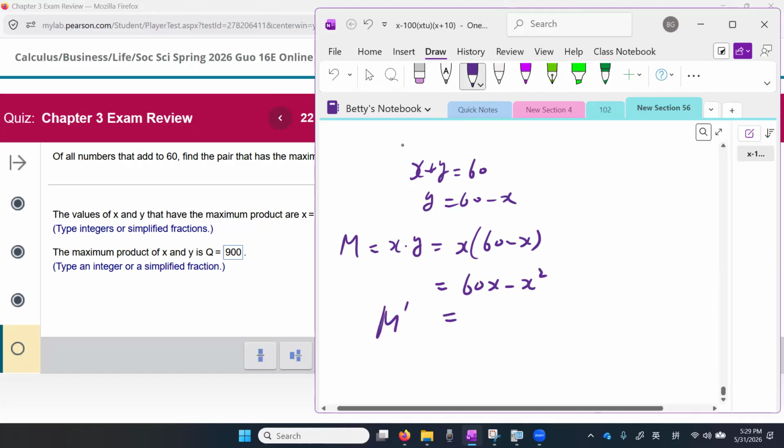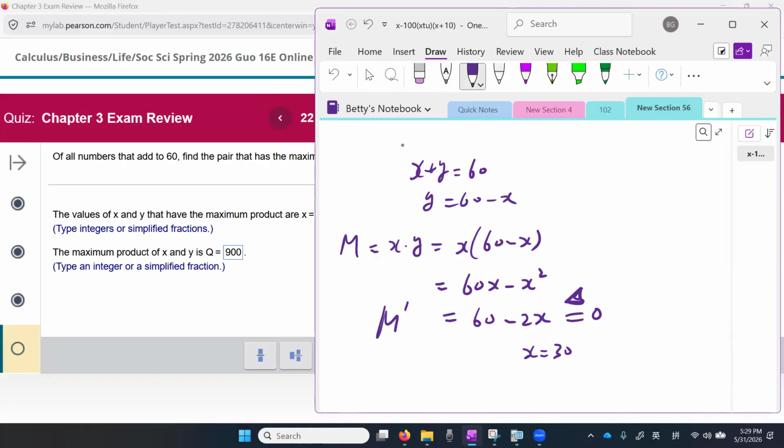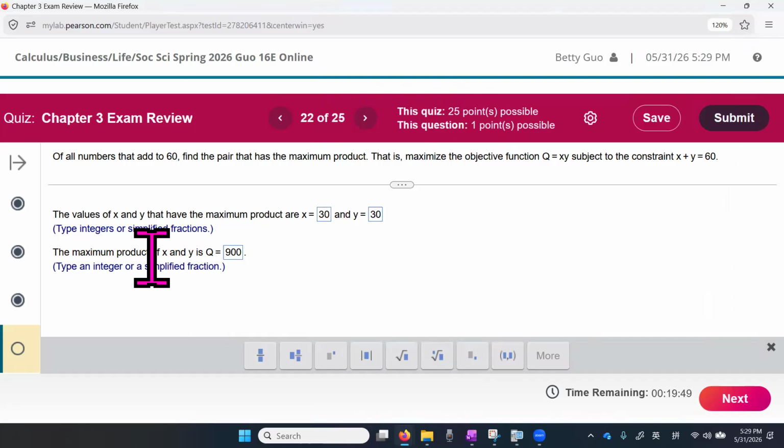So m prime would be 60 minus 2x, and we make it 0. We have x equals 30. See that when x equals 30, 2 times 30 is 60, 60 minus 60 is 0. So both x and y are 30. So the product, of course, is 900.